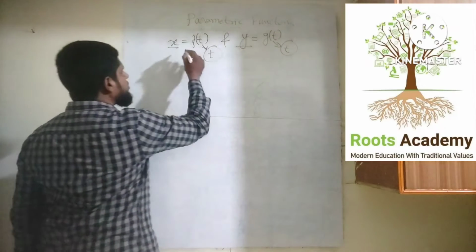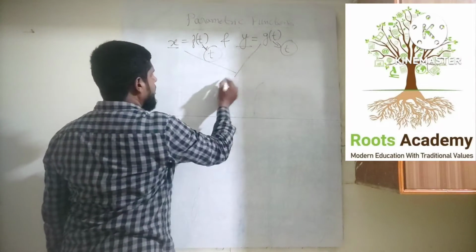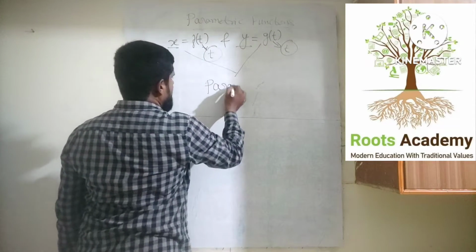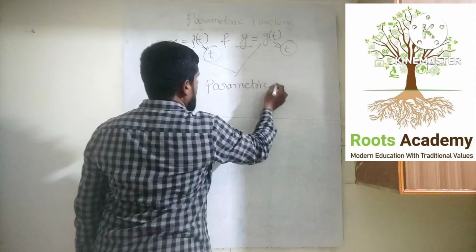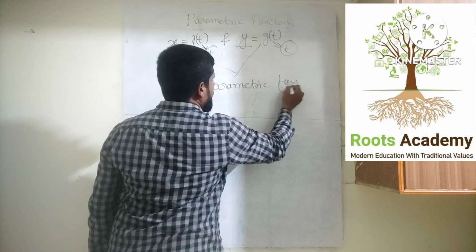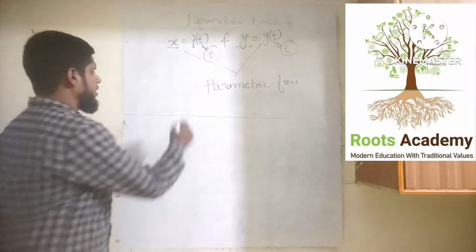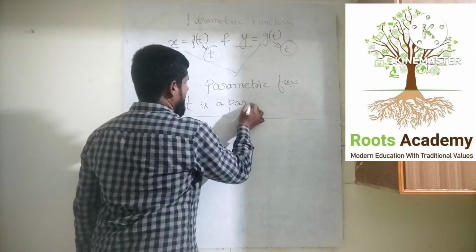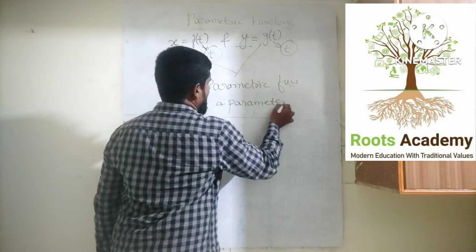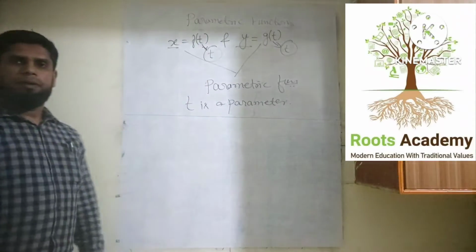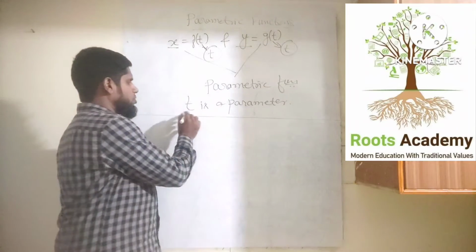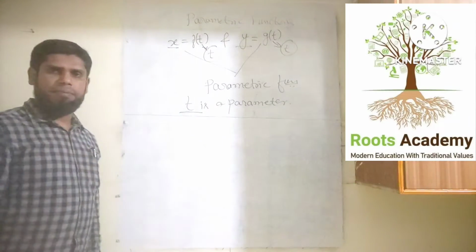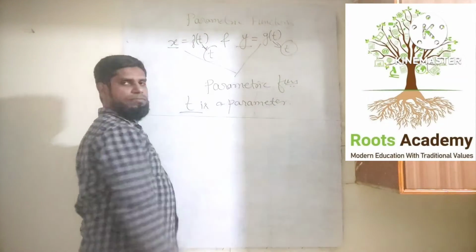Here these two functions combined together are called parametric functions, and t is a parameter, because t is the only independent variable in these two functions.